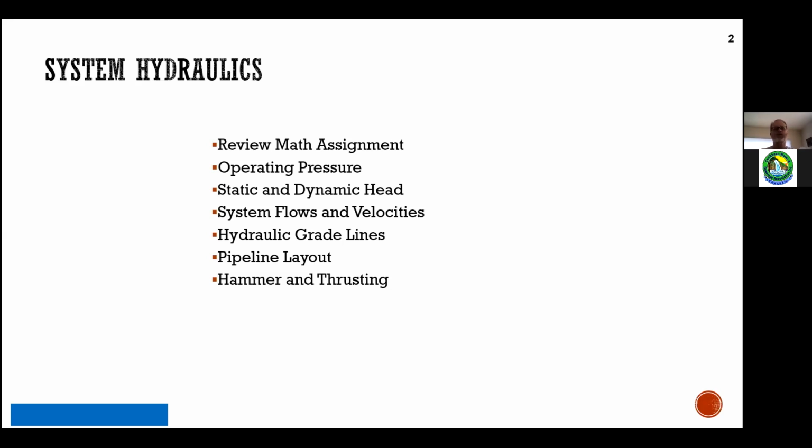And then, of course, we're going to talk a little bit about that in terms of static and dynamic head, how we calculate flows, not just the math formulas that we did last week, but how it actually works in a water system.